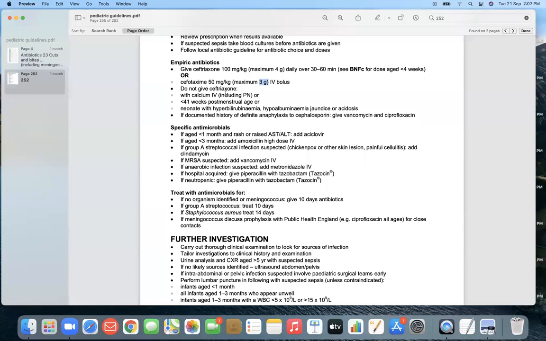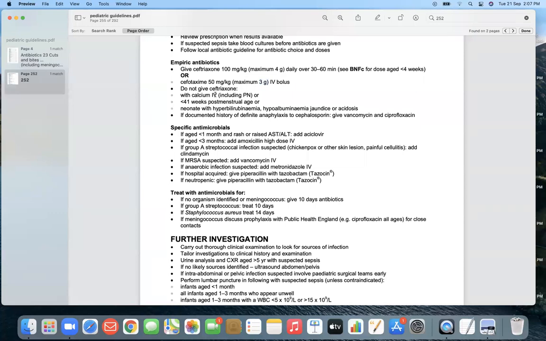Do not give ceftriaxone with calcium IV in neonates less than 41 weeks post-menstrual age, or neonate with hyperbilirubinemia, hypoalbuminemia, jaundice or acidosis. If documented history of definite anaphylaxis to cephalosporin, you can use vancomycin or ciprofloxacin. Okay.